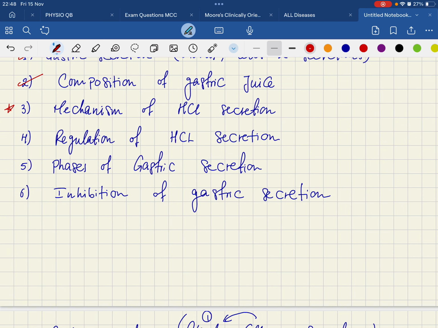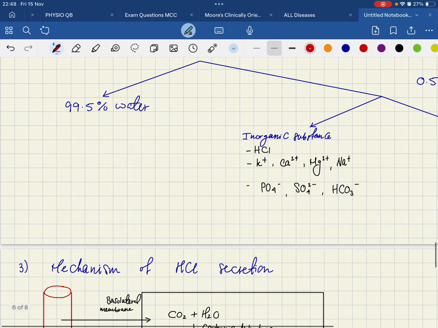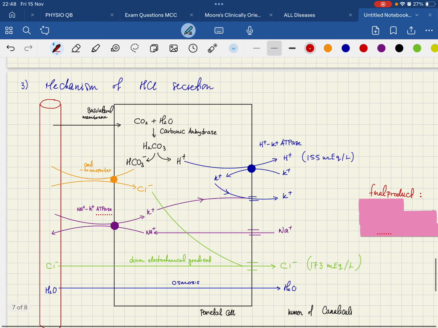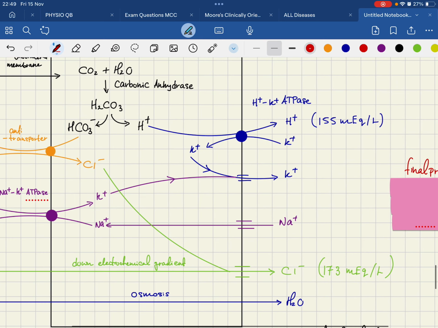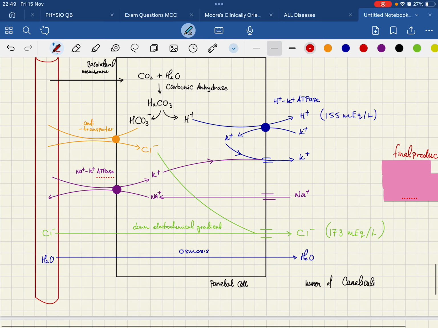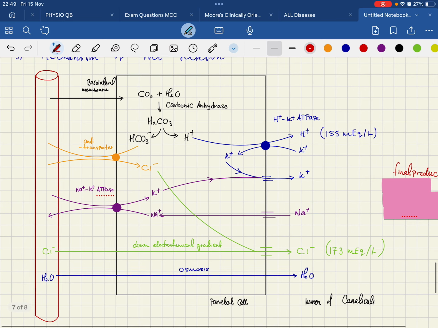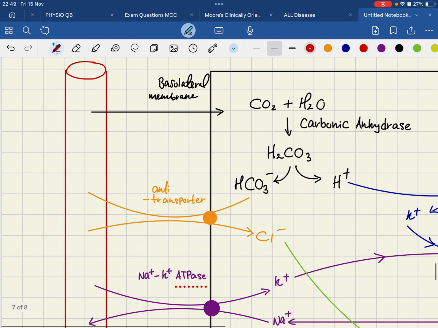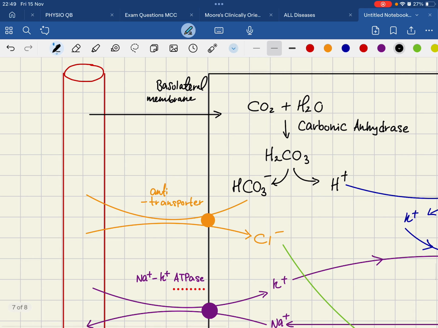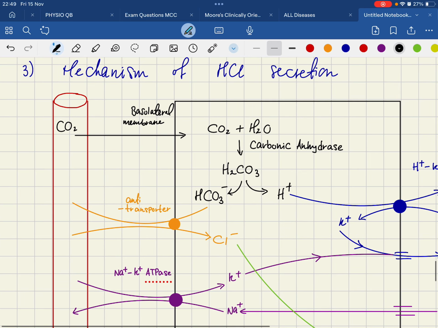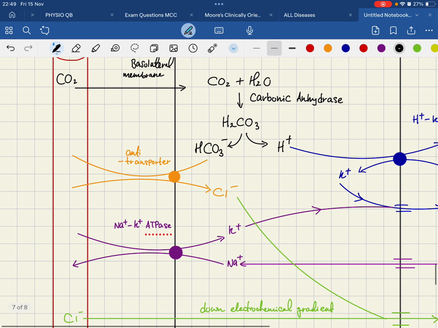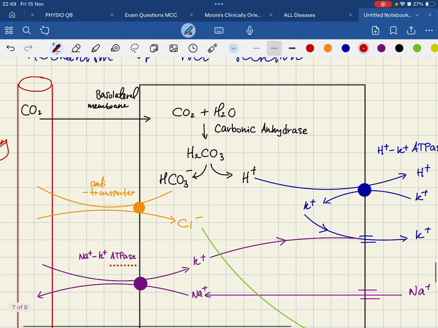And then one of the more important ones, the mechanism of HCl, which is very easy. Here it is. It might look very daunting, but if you do it stepwise, it will be easy. So the first step, we'll have carbon dioxide from the capillary, which is related to the stomach.